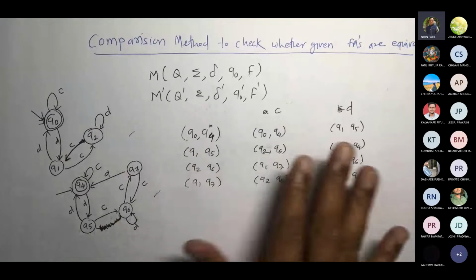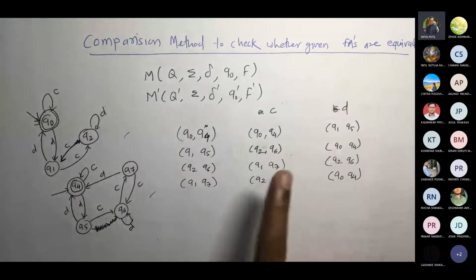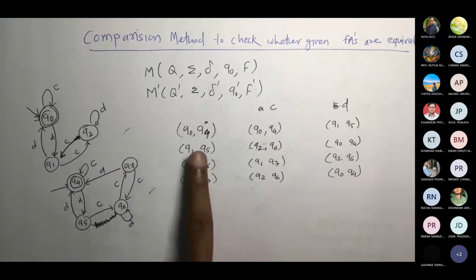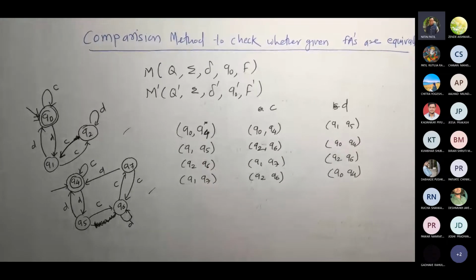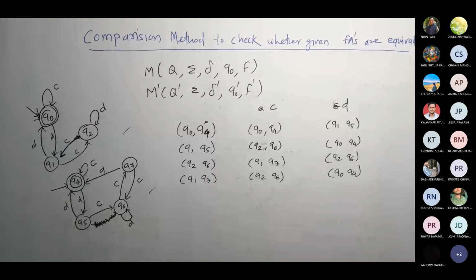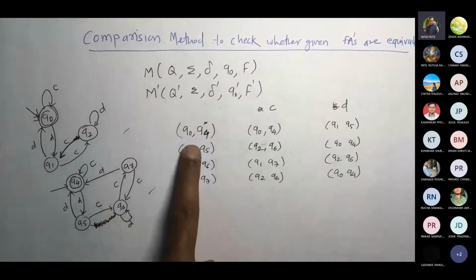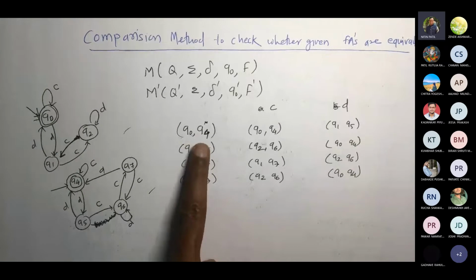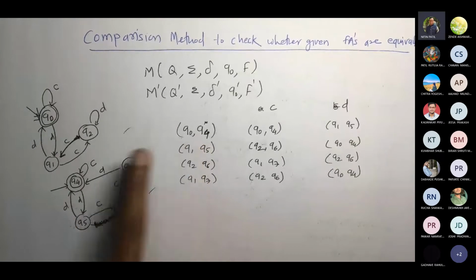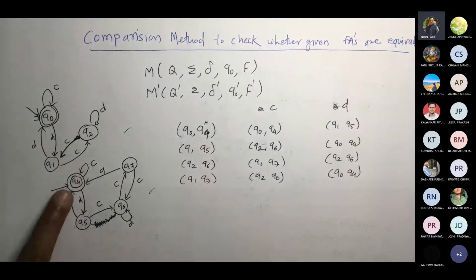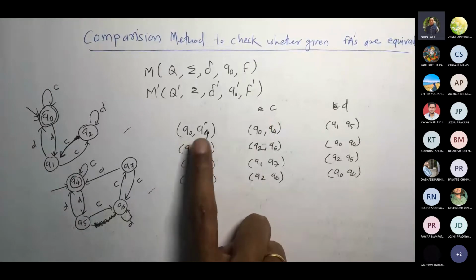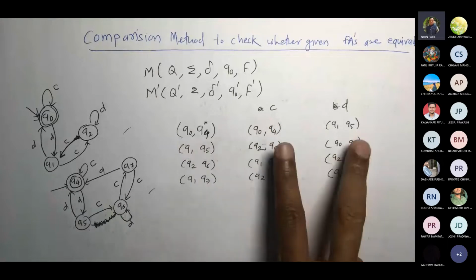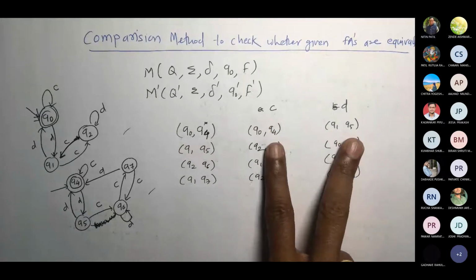So this table will contain n plus 1 columns. The first column will contain pairs of states. The first pair that we take in the first column is the initial states from both the automata, so we started with Q0, Q4. Then we applied each input to each of these two states and we got new pairs.